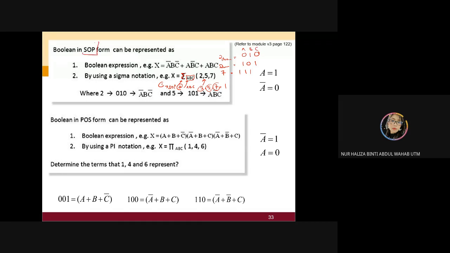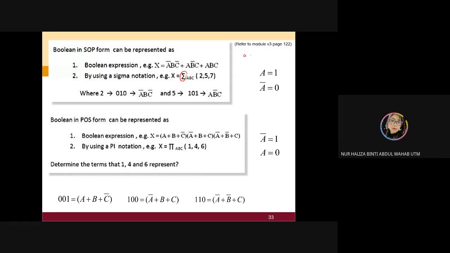And remember, as I already mentioned, for your SOP, A equal to 1, A bar equal to 0, and your output will be 1. While for your POS, it's different. A will be 0, A bar will be 1, and your output will be 0. So let's take a look at your sigma over here.